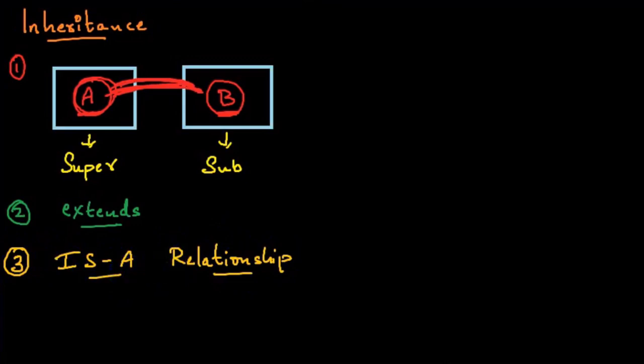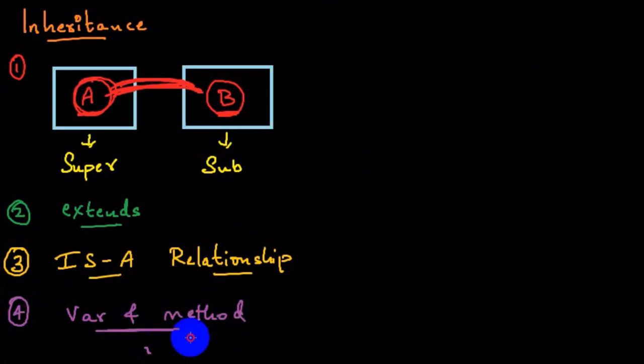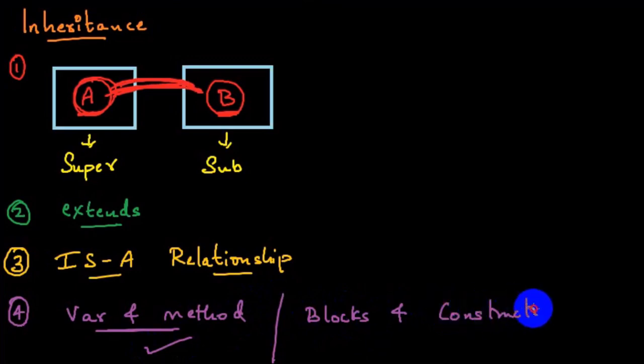The last point with respect to inheritance is that it's not that all the properties are inherited. Only certain attributes are inherited, meaning variables and methods. Blocks and constructors are not inherited.